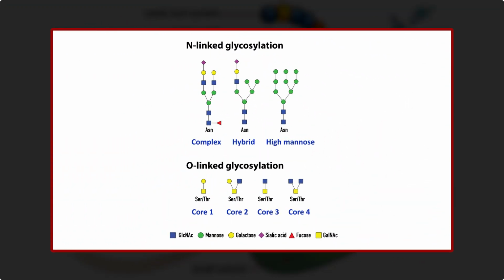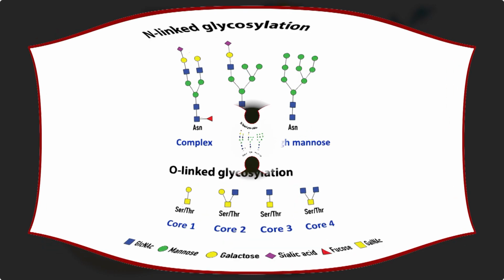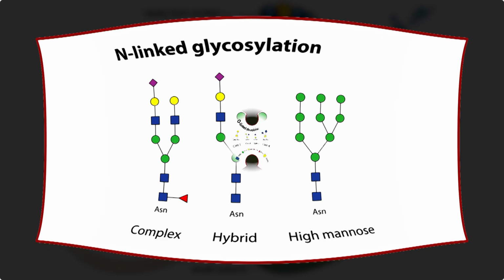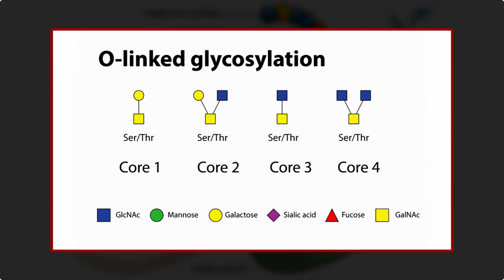Glycosylation is further divided into two types. That's N-linked glycosylation, where a sugar molecule is attached to the amide nitrogen of asparagine, and O-linked glycosylation, where sugar molecules are attached to the oxygen atom of the serine or threonine.